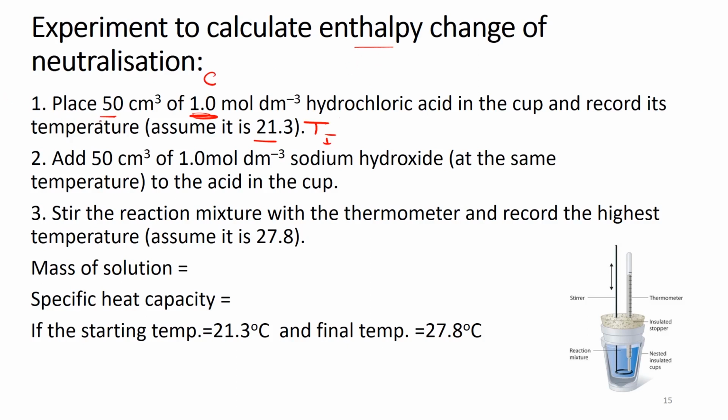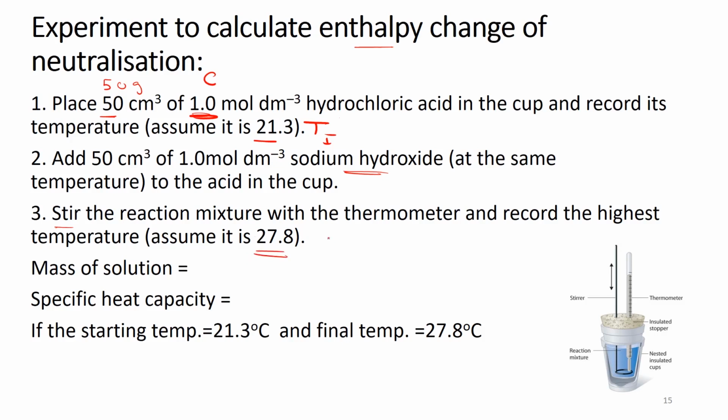Now if we placed 50 cubic centimeters, this means it is equal to 50 grams. Then add 50 cubic centimeters of another 1 mole per cubic decimeter solution, in that case sodium hydroxide. So the neutralization reaction would start, and for that you need to mix your system, you stir your system, and you wait until you record the highest temperature.